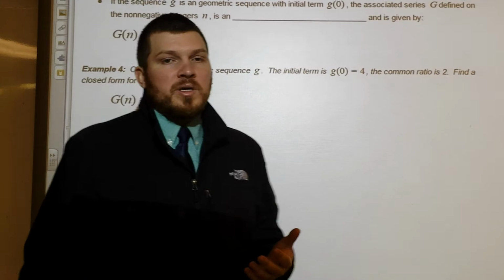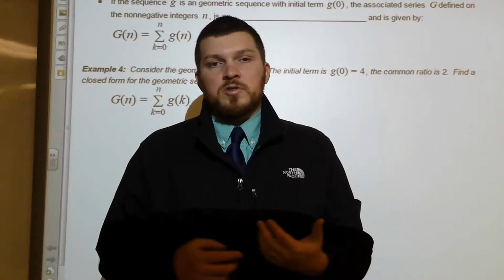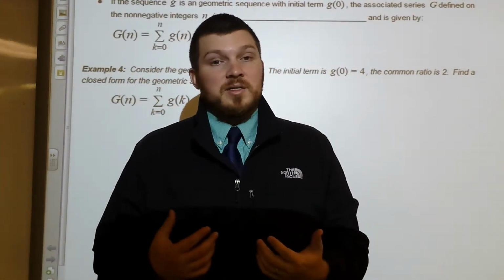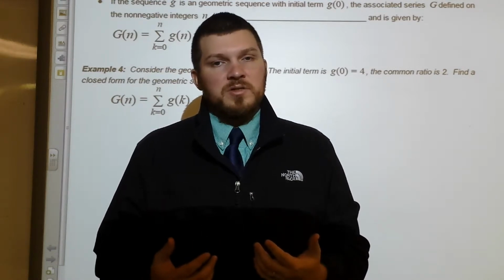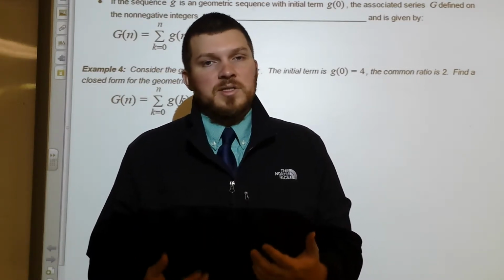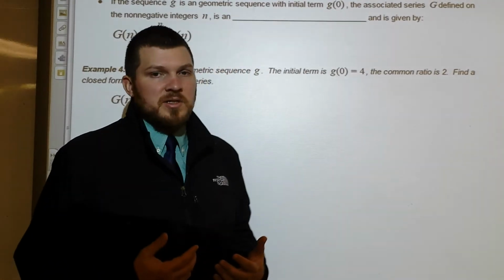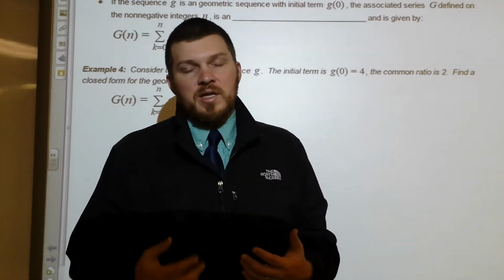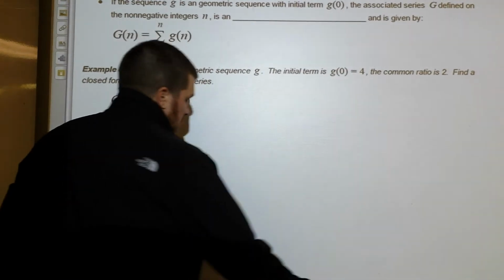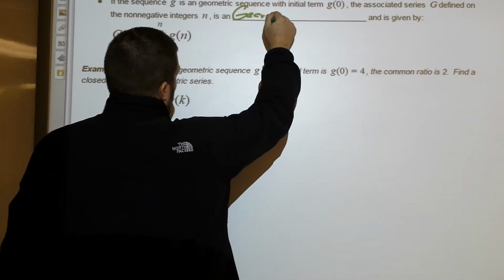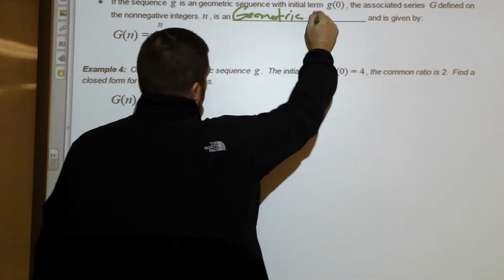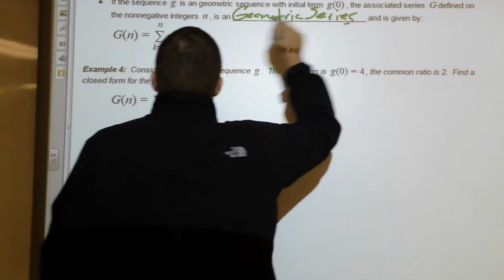Now, we've already looked at a geometric sequence, which is just an ordered list of numbers that has a common ratio. Now we want to look at the series associated with a geometric sequence, just called a geometric series. Remember, anytime we're talking about series, we're talking about adding up all the values in the sequence. A geometric series looks like this.